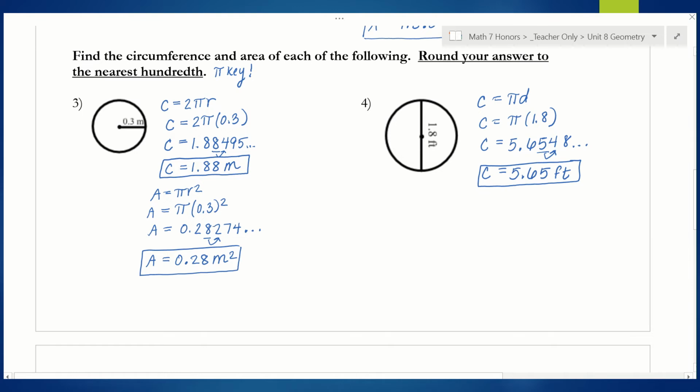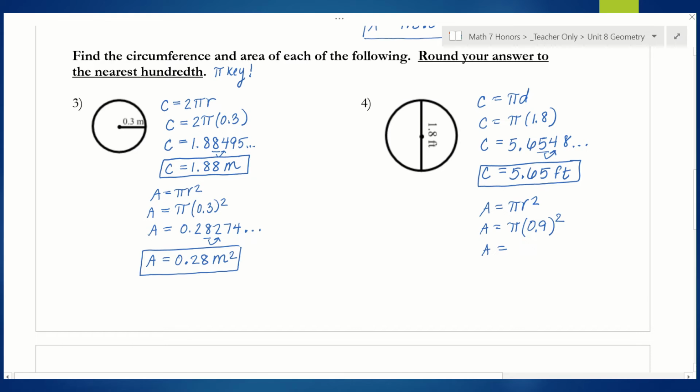Okay, area is next. Area equals pi r squared. Remember, it's pi times, so if the diameter is 1.8, to figure out the radius, we have to do half of that. Half of 1.8 is 0.9, and I'm going to square.